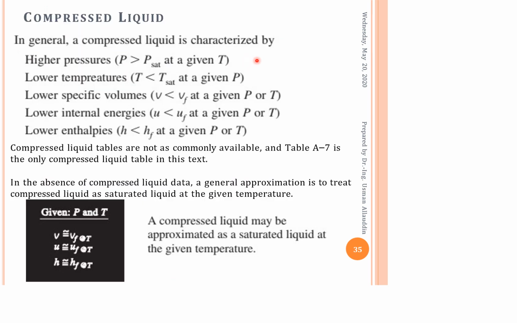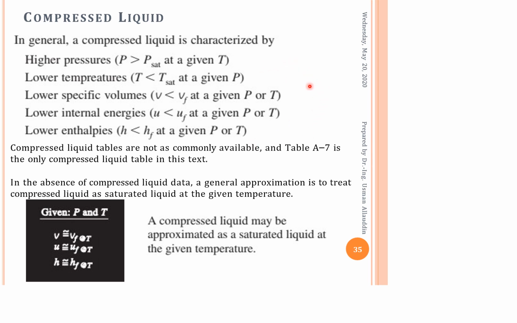So here are the conditions for the compressed liquid, because sometimes they ask you to write the region in which you are. Either you are in compressed liquid, superheated vapor, saturated mixture, or any other. You need to write that. For that, these conditions are very important.